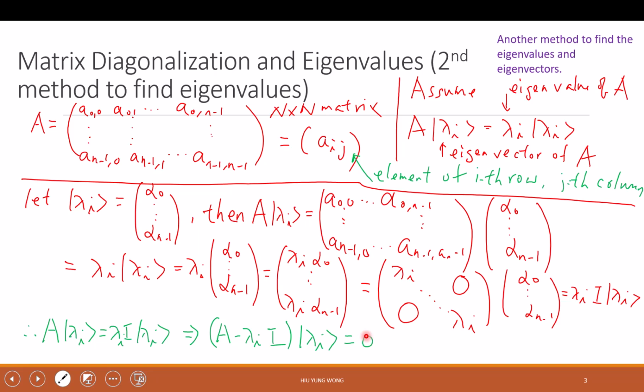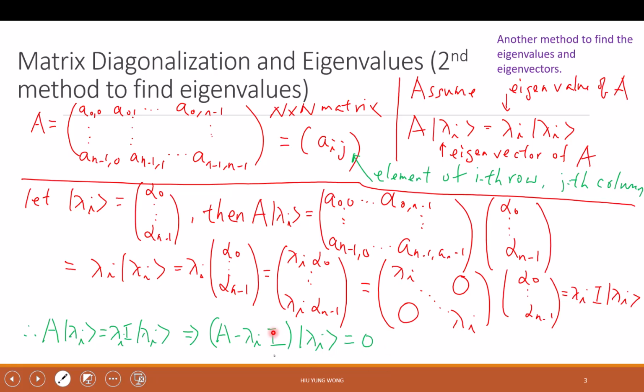If you are familiar with linear algebra, this is just to show you. I try to bring you to somewhere not really related, but hope you can get used to all this notation. All I want to say, which you already know, is that a matrix times its eigenvector equals the eigenvalue times the identity matrix times the eigenvector. Then I can move this to the left and use the distributive law. Then I have A minus lambda I times the eigenvector equal to 0.